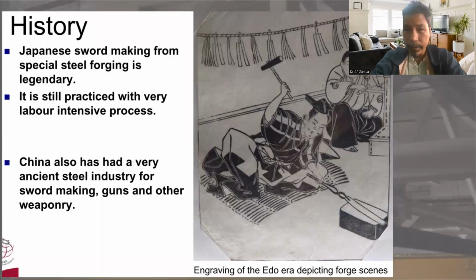Currently they have some sort of license. You cannot be a blacksmith in Japan without a license because these swords are dangerous weapons. You need a permit and a license to do this, and you also need a license to carry it, much like a gun.